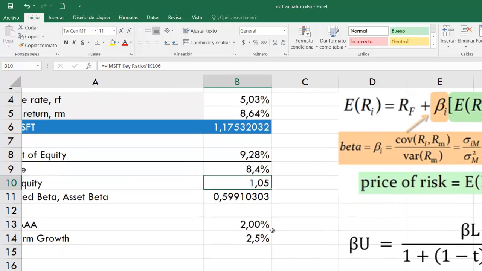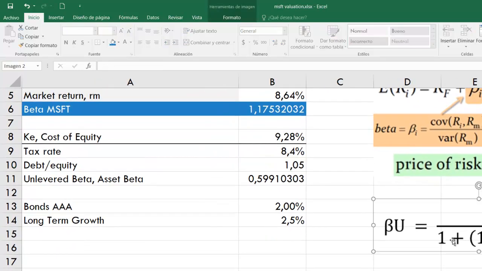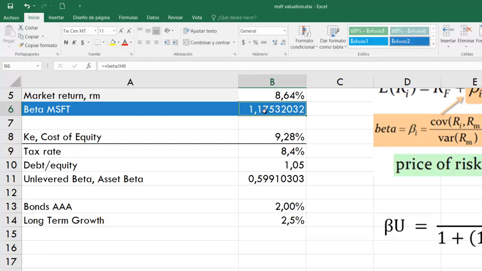And last, we have this formula in order to use the levered beta and transform it into an unlevered beta. We only need to apply this formula where levered beta is the one we have up here, 1.17 times for my company, which is Microsoft, divided by this denominator, where T represents the tax rate, which we have here as 8.4%, times the debt over equity relationship, which we also have here as a result.